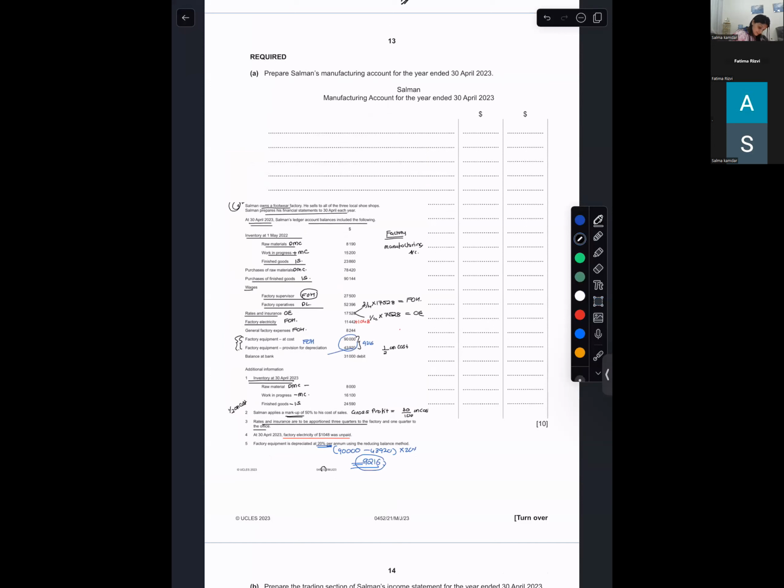So first we will write direct material consumed. Opening inventory of raw material, plus the purchases of raw material, minus the closing inventory of raw material.